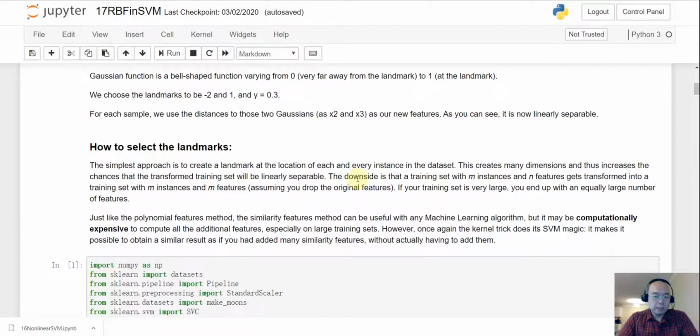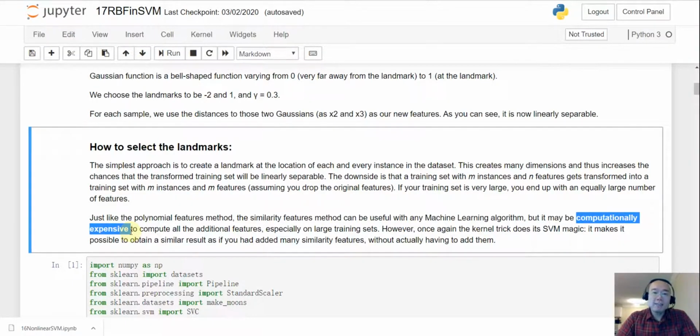This is again going to be computationally expensive, because if we have n samples, we have to draw n Gaussian curves, and for each sample we have to calculate the distance between that sample and the n Gaussian curves. So we are introducing an additional n by n matrix to the existing feature space. That's really a lot, because n is the number of training samples.